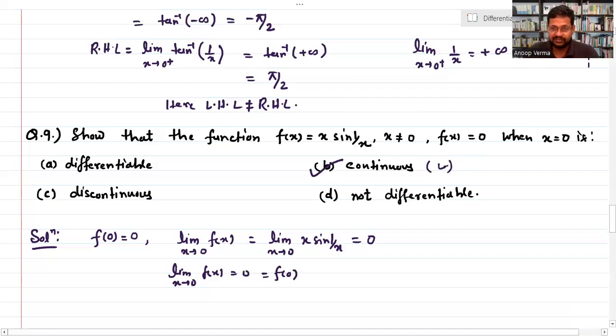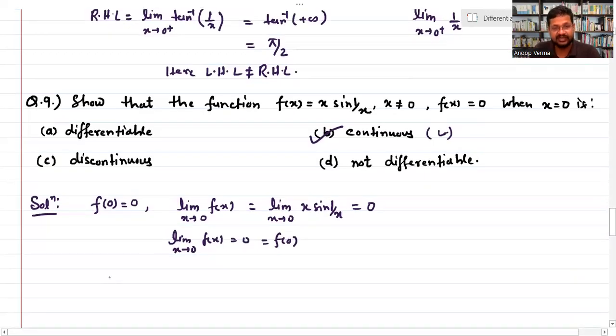So let's check differentiability. For differentiability we calculate the right hand limit and left hand limit. If you are going to calculate the right hand derivative at the point 0, you have limit h tending to 0 of f(0 plus h) minus f(0) divided by h. This is the right hand derivative.